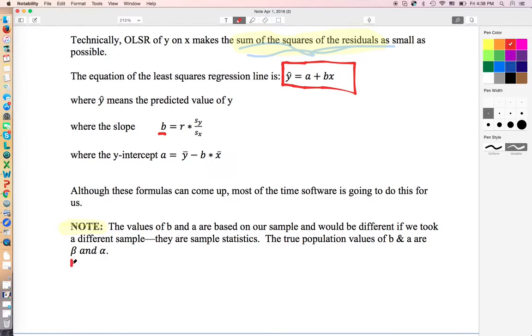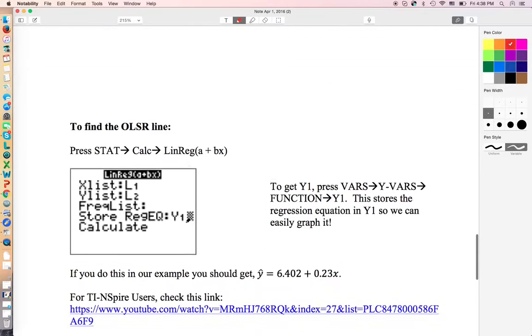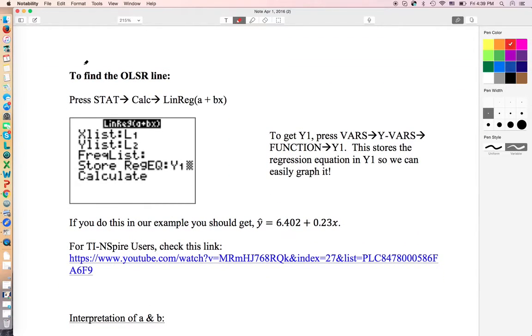So obviously this corresponds to B and this corresponds to A. In our next chapter, we're going to take a look at how we can determine the true value of the population parameter if we only know B. So we're going to be doing inference for the slopes of these regression lines. But we're not there yet, so don't freak out yet. But we'll get there.